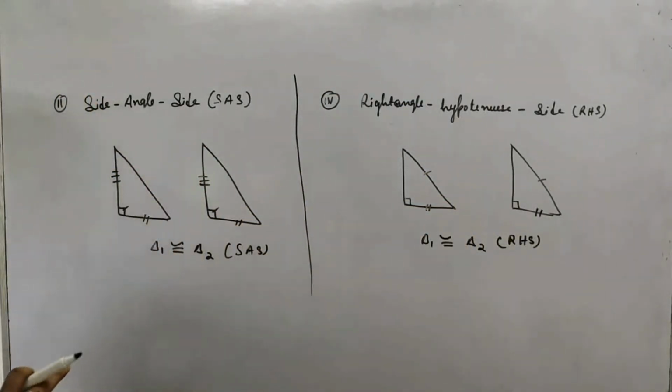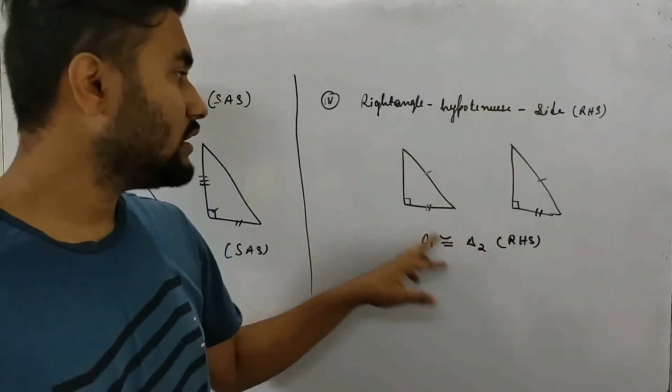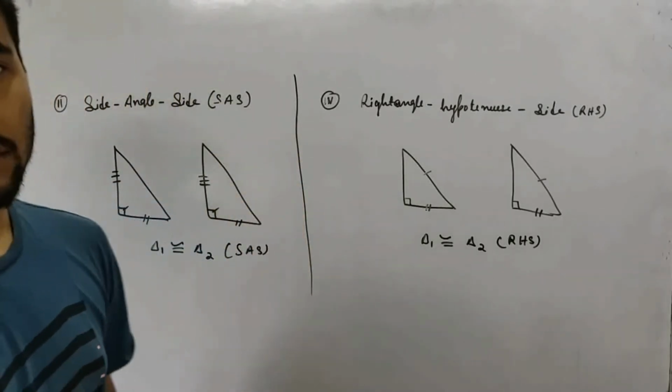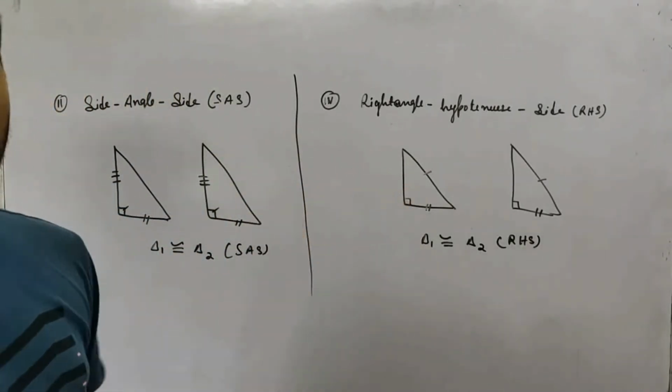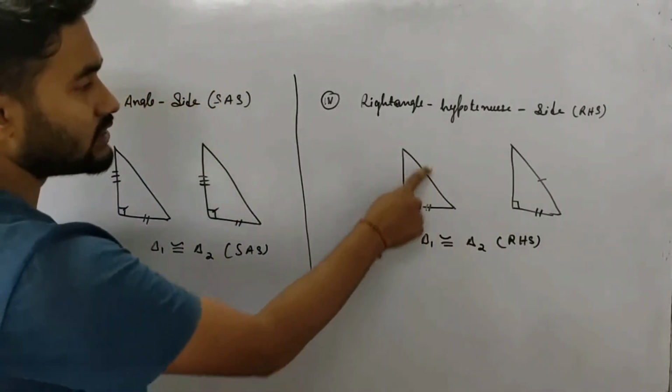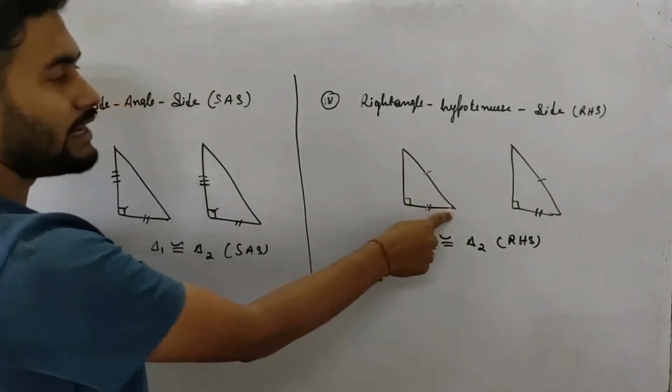So simple difference, if you notice over here, in your RHS, this 90 degree will never be in between the two sides. Never will it be between the two sides. Simple thing, see, say for example, these are the two sides. You will never get 90 degree over here.